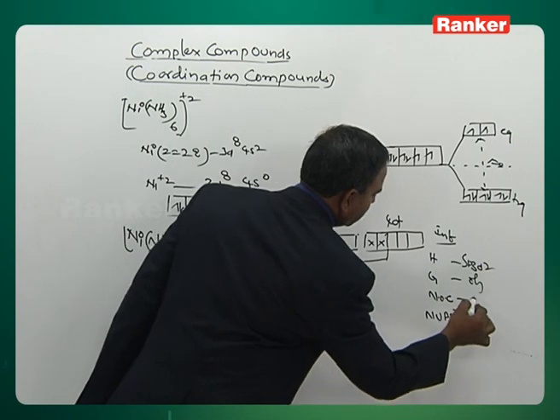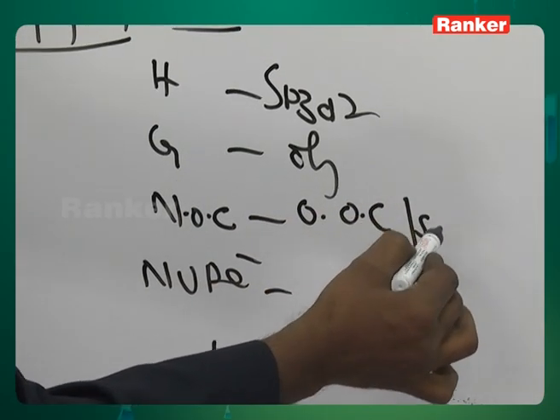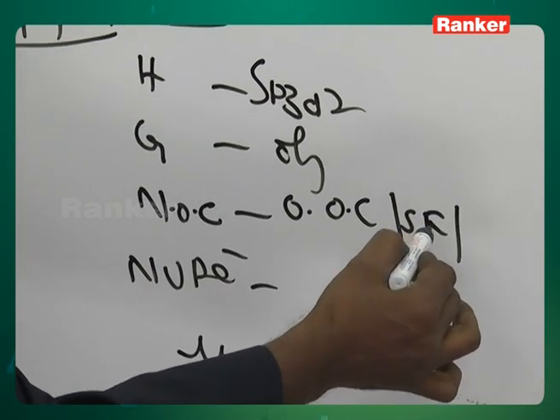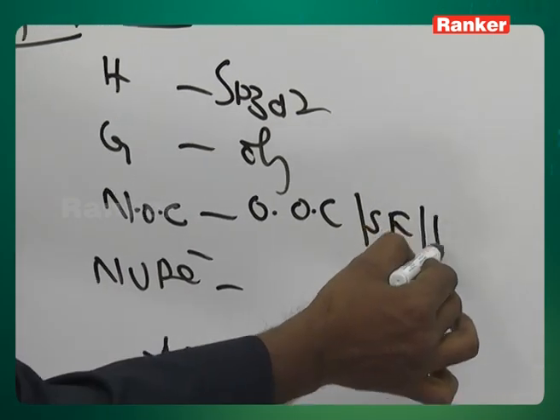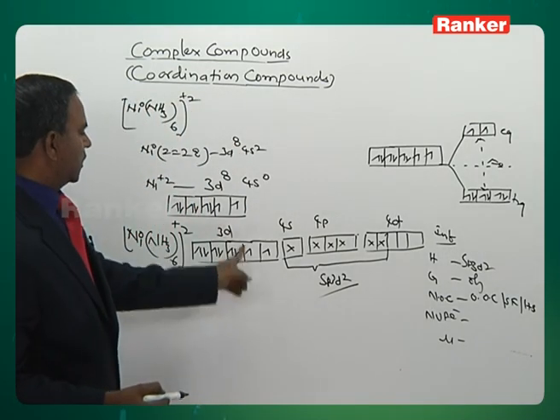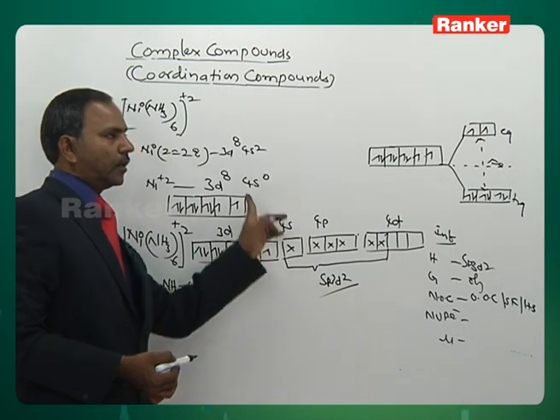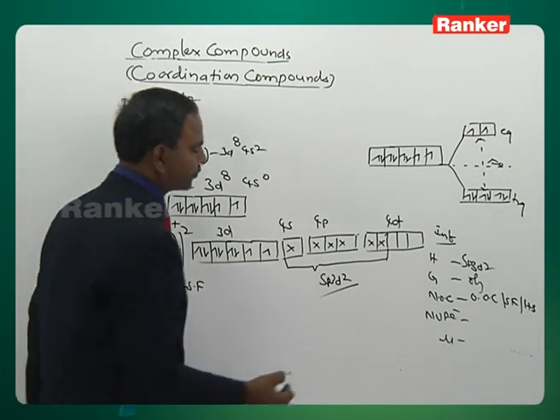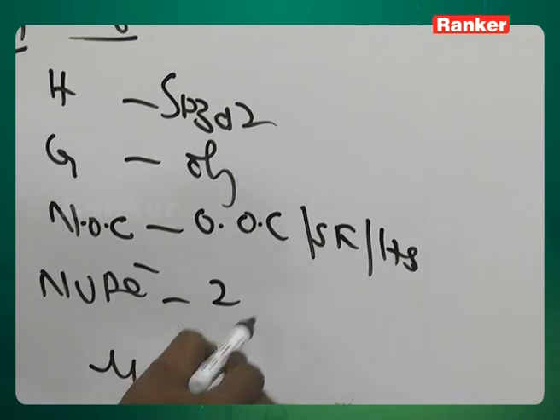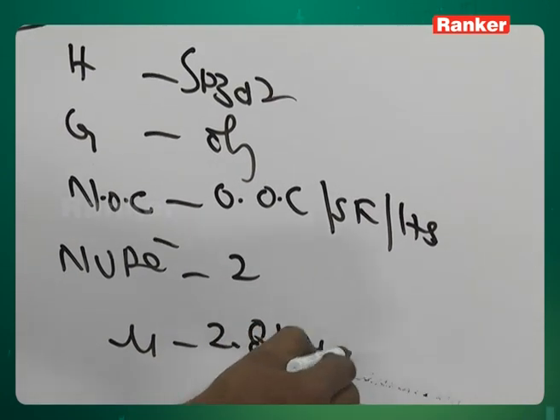The nature of the complex: it is an outer orbital complex, spin free, high spin. Spin free means no pairing of electrons has taken place; the arrangement of electrons in the free metal ion and the complex remains the same. Number of unpaired electrons is 2, magnetic moment is 2.8 BM.